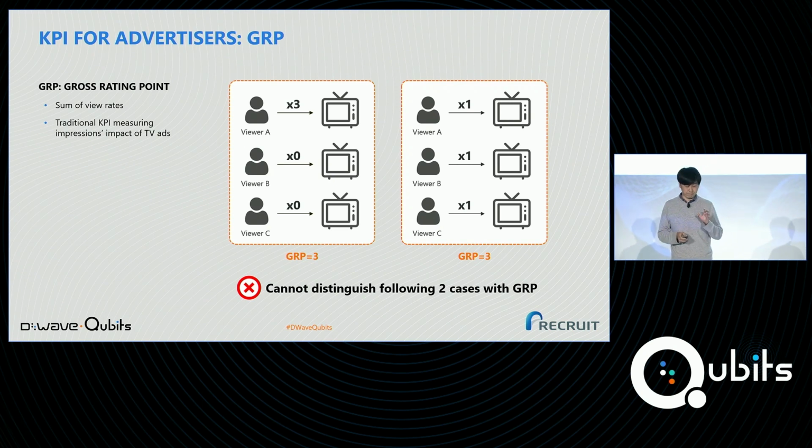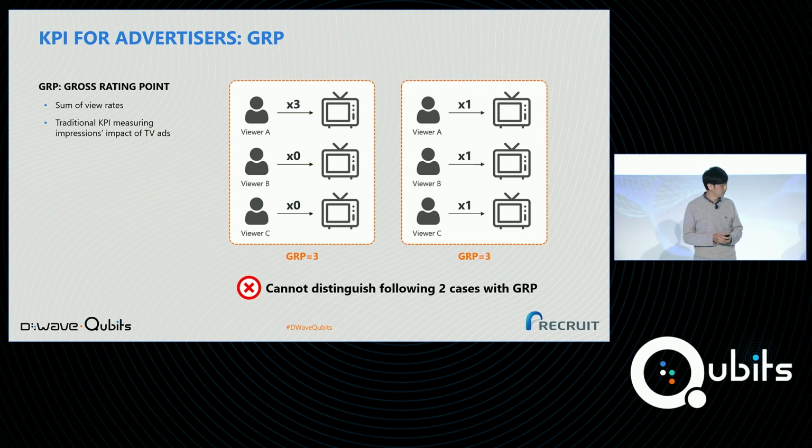The GRP is the most common KPI for advertisers. This measures the impressions impact of TV commercials, and it's defined as the sum of view counts or sum of view rates. But there's a problem in GRP.